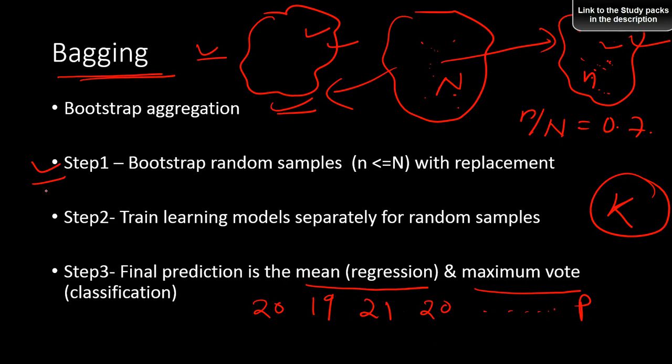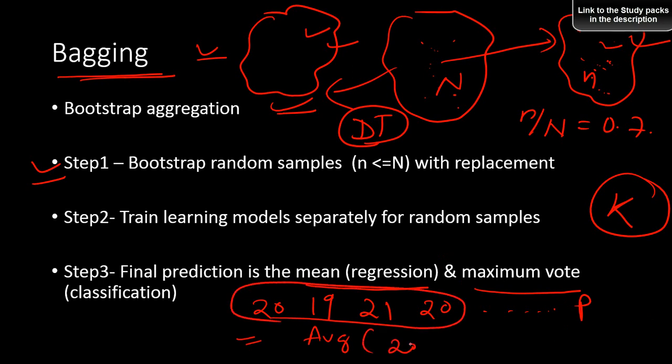The model that we have built is the decision tree. We have used a decision tree to build a model on the p number of samples. The final prediction is just the average of that. If you take the average of these four, it's just 20.